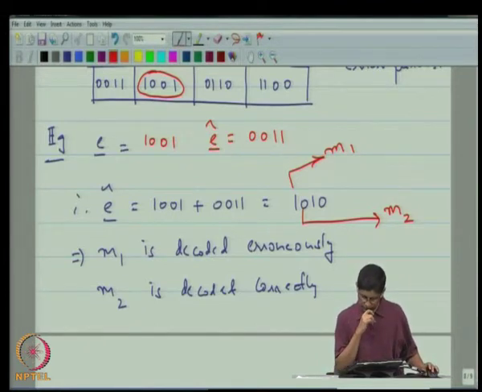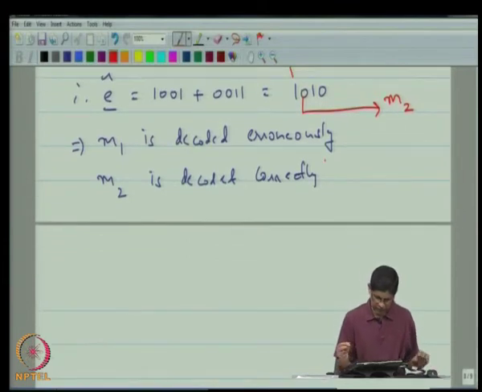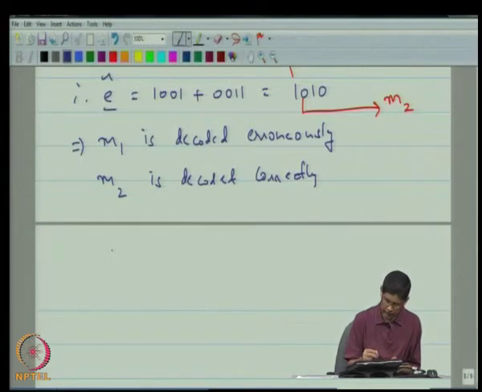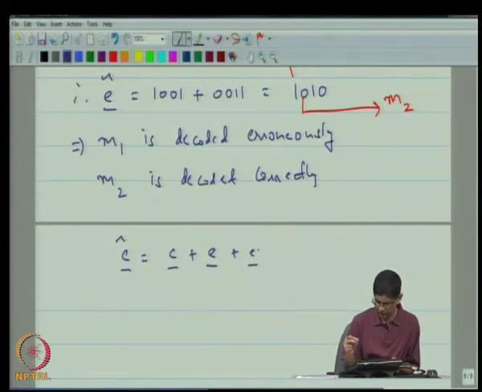Now, just in case any further explanation is needed, do not forget that your C hat is C plus E plus E hat, which is C plus E tilde.